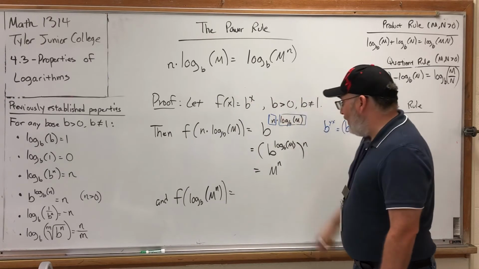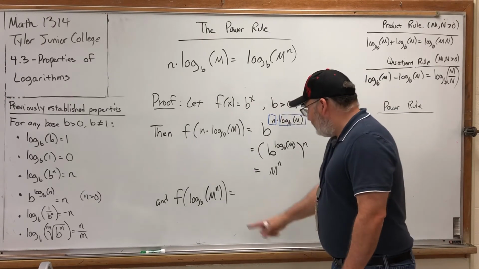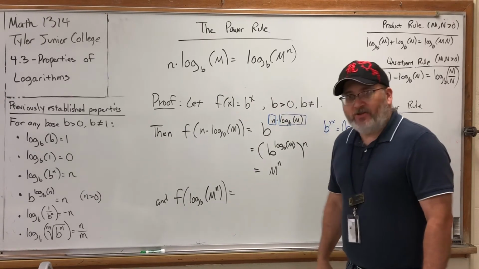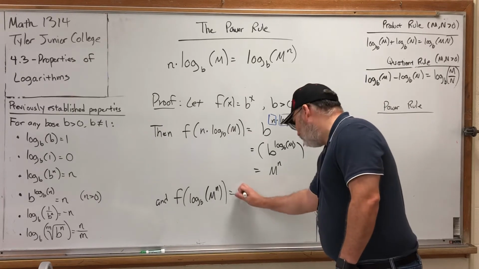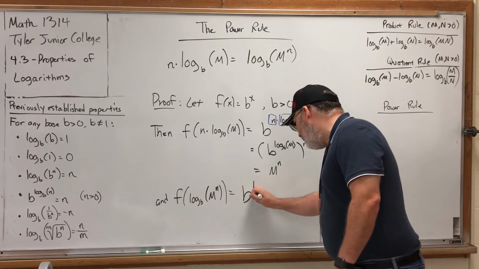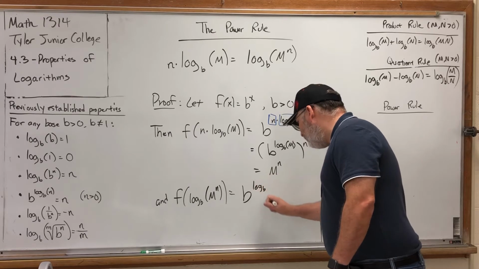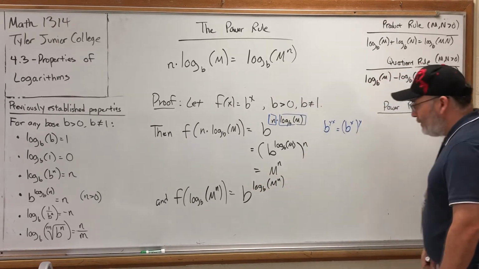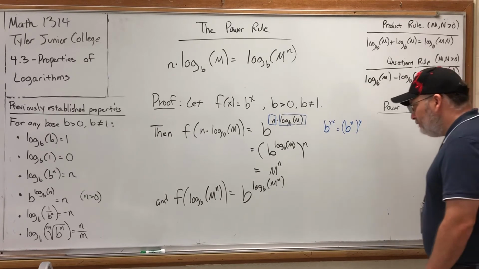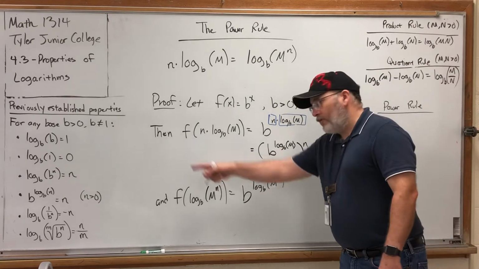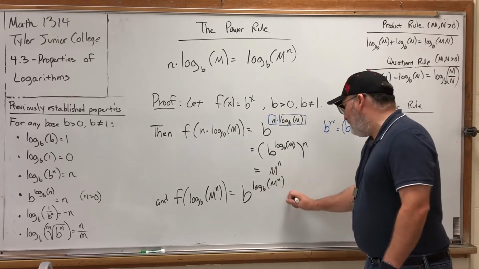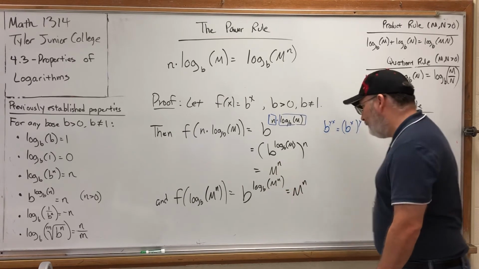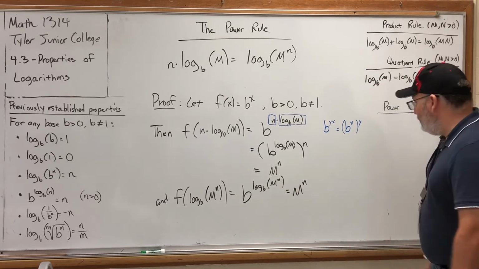The output of putting the right side in is easier. This function still says, give me something, I'll stick it on the b as a power. All right, put all that in the power. B to the log base b of m to the nth power, excuse me. And right away, we have the setup for that fourth property over there where the base and the log cancel, leaving m to the n power, which is the same output.